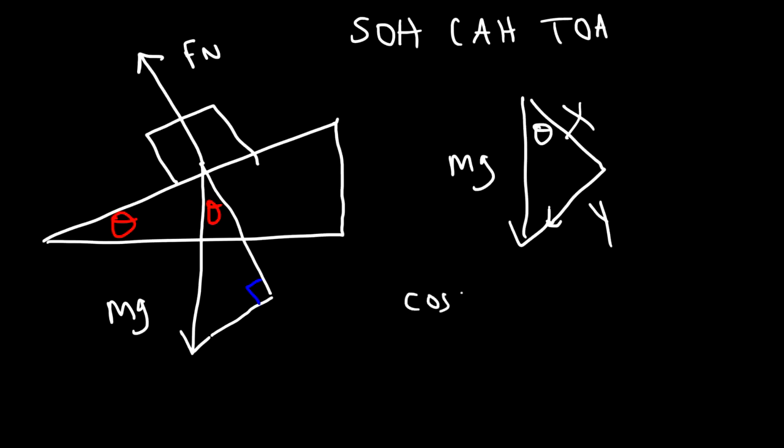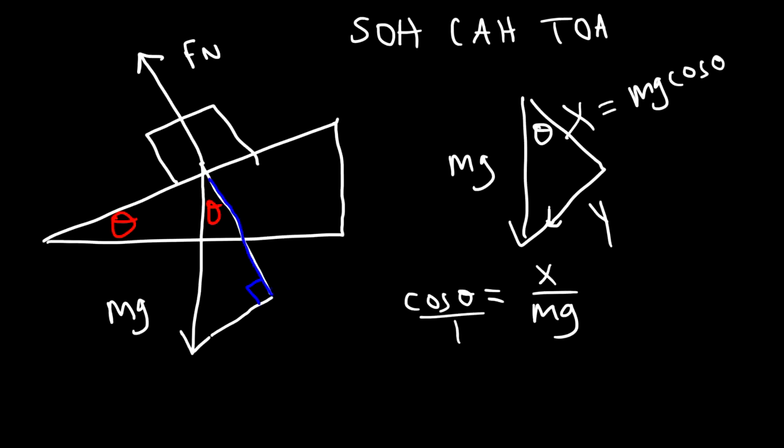So cosine theta is going to be equal to the adjacent side divided by the hypotenuse. So that's x over mg. Now if you cross multiply and solve for x, you'll see that x is mg cosine theta. So this portion is equivalent to mg cosine theta.